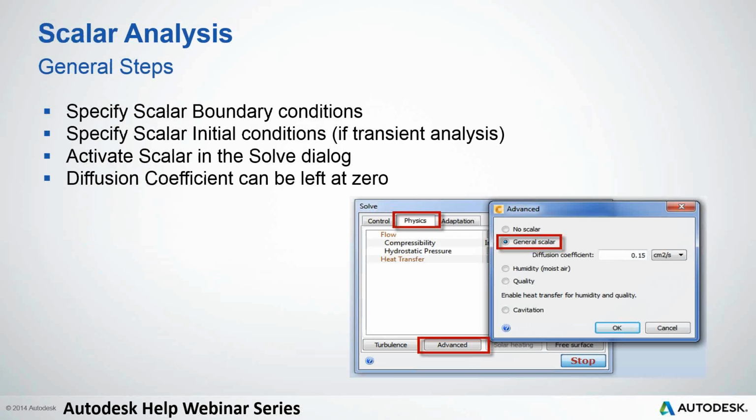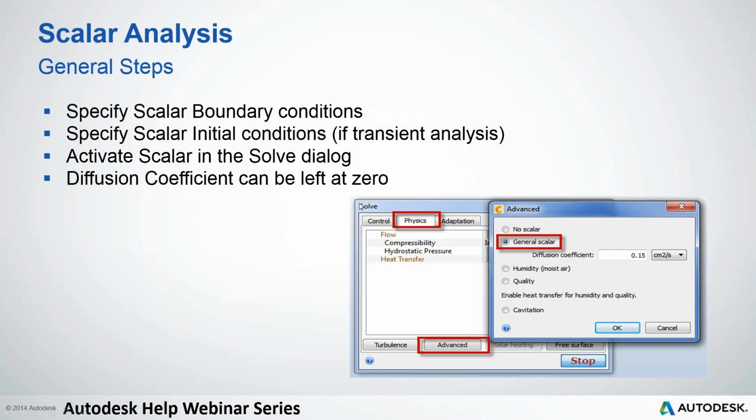What is next? What have you prepared? All right, scalar analysis. The general steps for doing a scalar analysis are to specify scalar boundary conditions. So at one of the inlets, you specify a scalar of 0 or 1 or anywhere in between. You specify a scalar initial condition if you are doing a transient analysis. You would activate the scalar in the solve dialog, as you can see here.